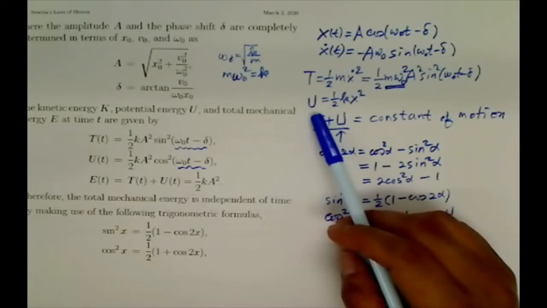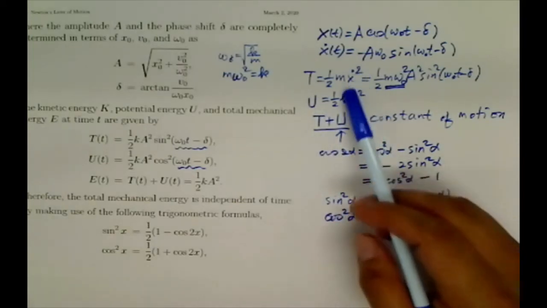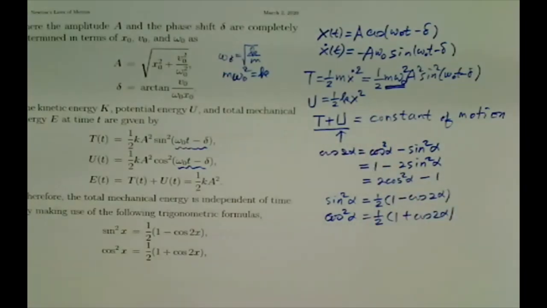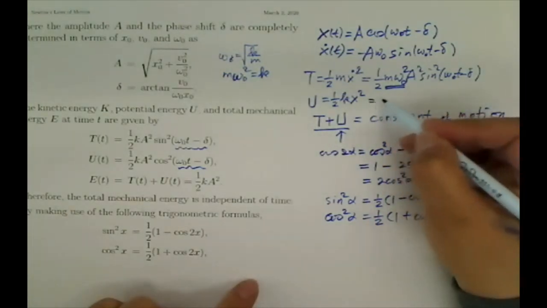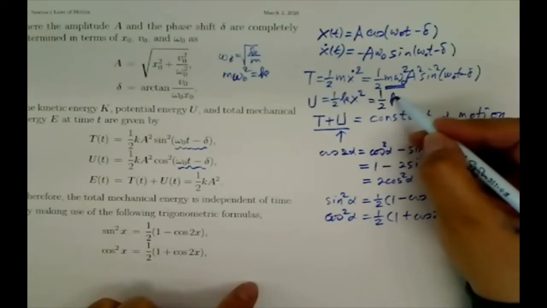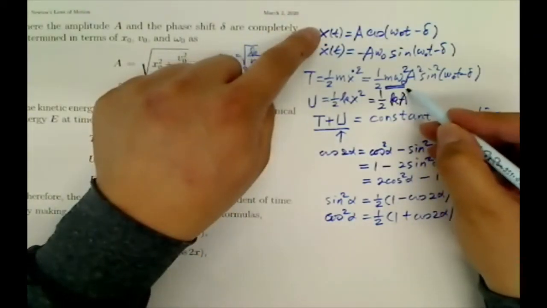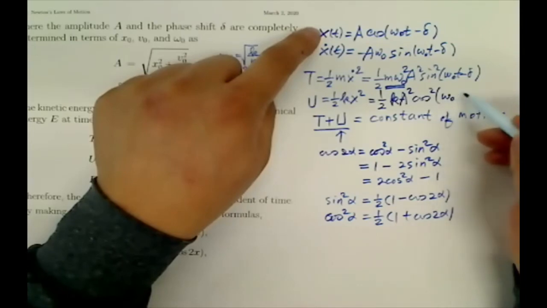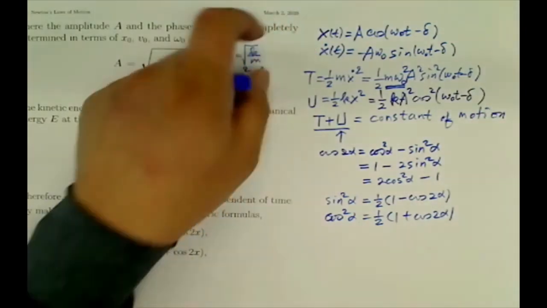And the potential energy can be computed as 1/2 kx squared, which is 1/2 ka squared cosine squared of omega 0 t minus delta.